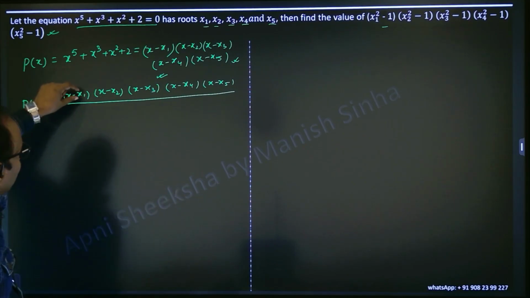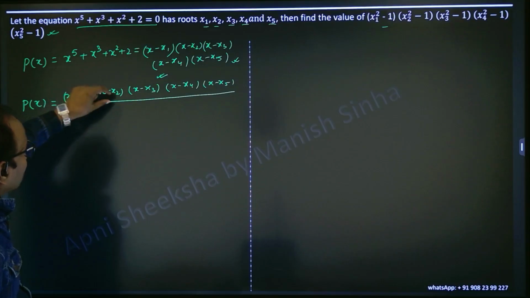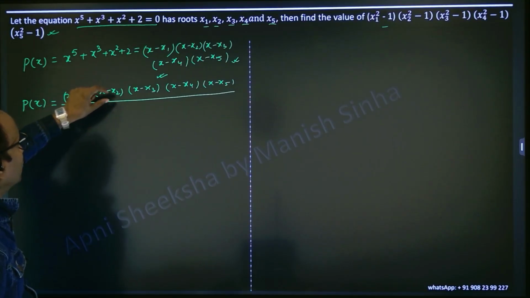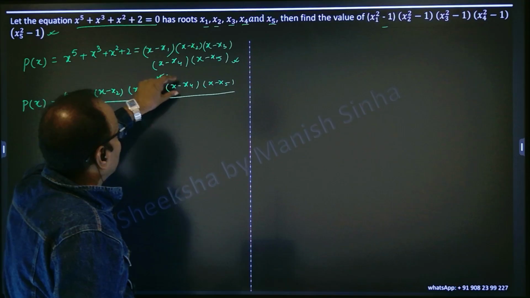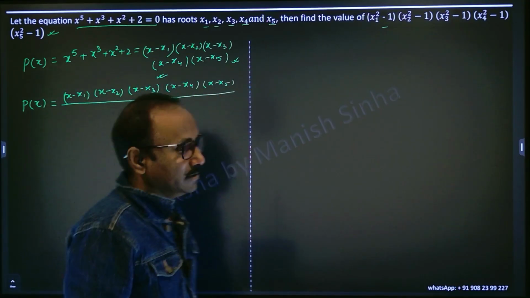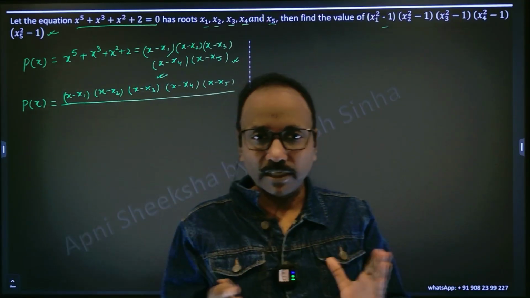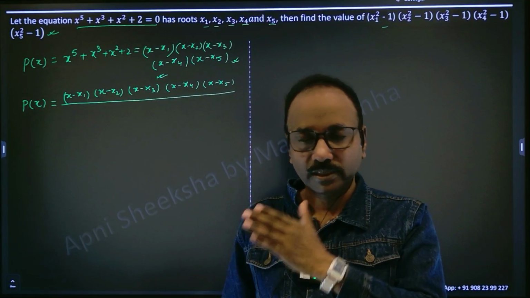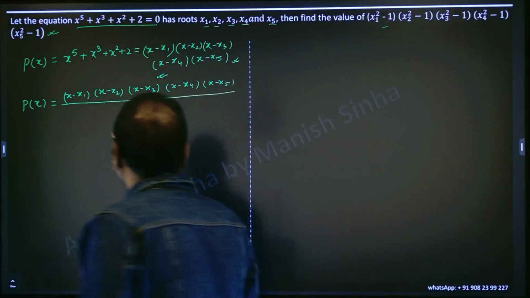To bring x1 square, x2 square, you will have to multiply with a factor x plus x1, x plus x2, x plus x3, x plus x4, x plus x5. So that a square minus b square, meaning x square minus x1 square, x square minus x2 square, that way it will come, right?